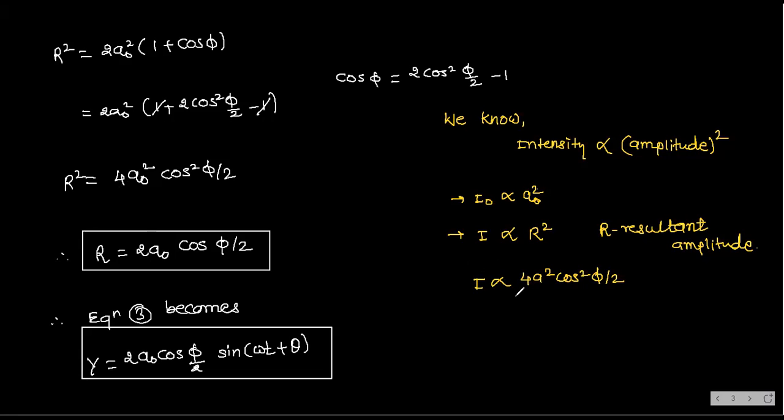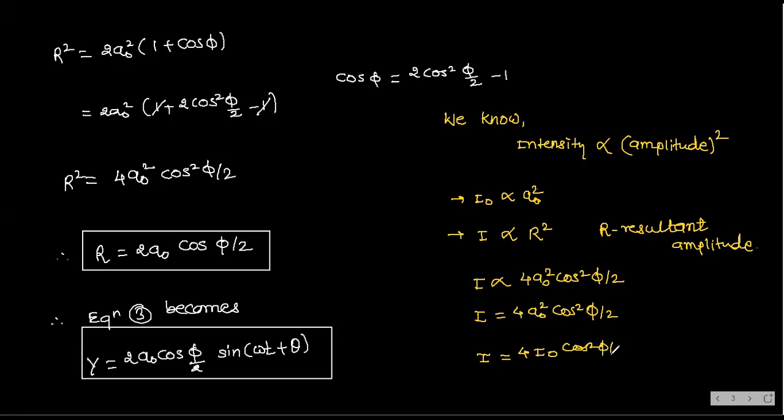If suppose proportionality constant is 1, then we'll keep here A naught. So then I is equal to 4 A naught square cos square phi by 2. So intensity I can write like this, 4 into I naught, because at the place of amplitude square I can substitute intensity.